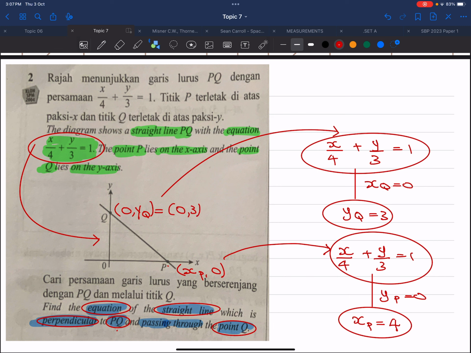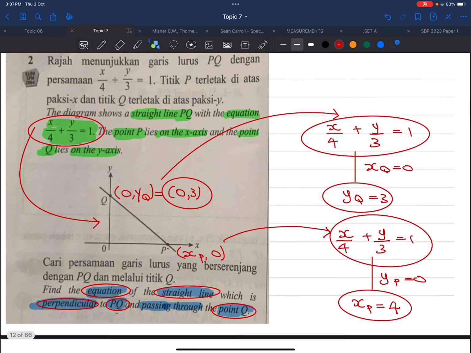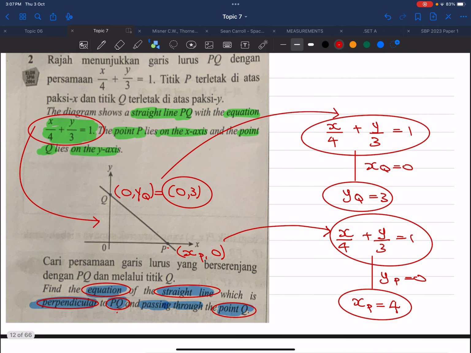Next, I repeat for P. The point P is on the straight line, so I take the coordinate of P and substitute in the equation of the straight line, where yp is 0.